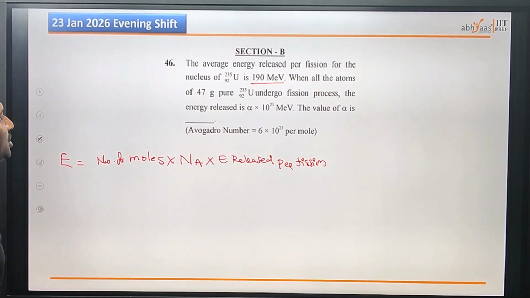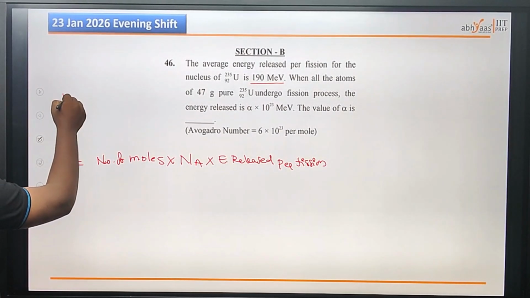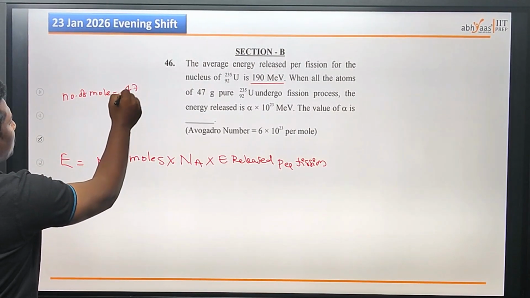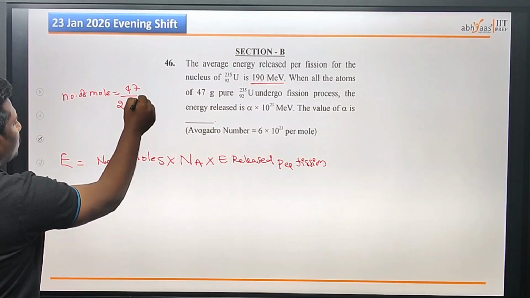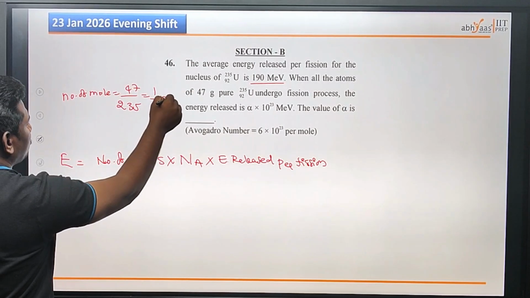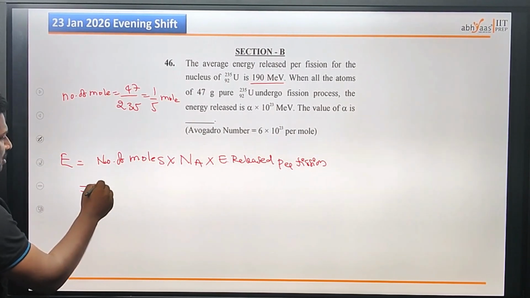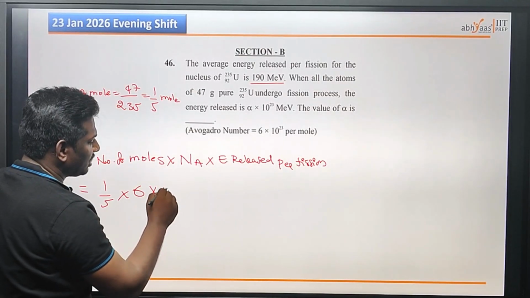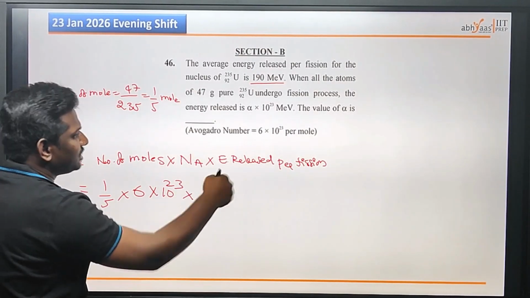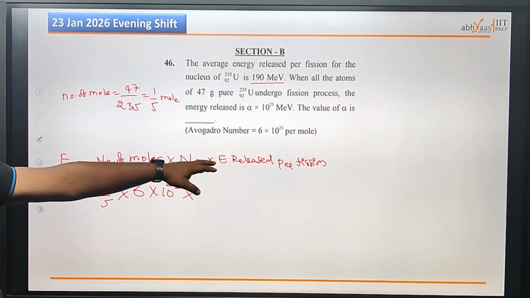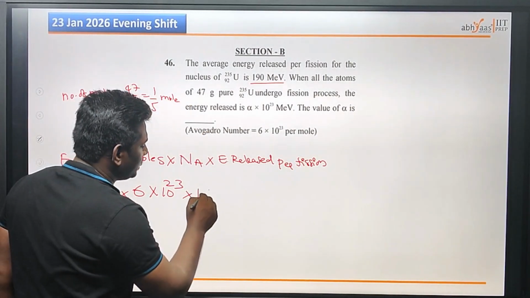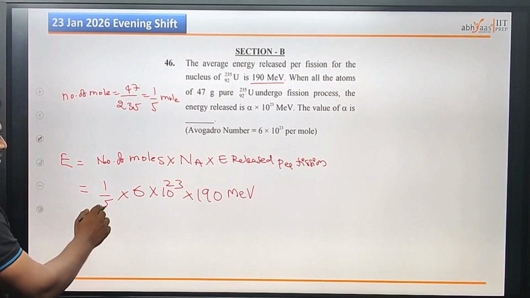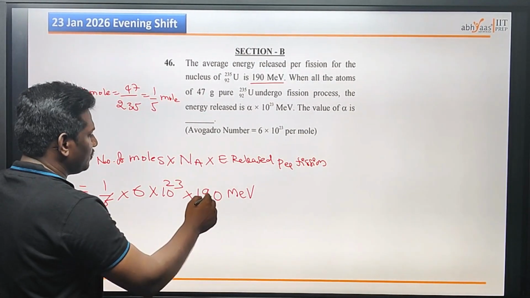How to find number of moles? So number of moles equal to 47 by 235. You will get 1 by 5 moles. What is Avogadro number? 1 by 5 into Avogadro number, 6 into 10 to the power 23. Energy released per fission, that is 190 mega electron volts. 190 mega electron volts.